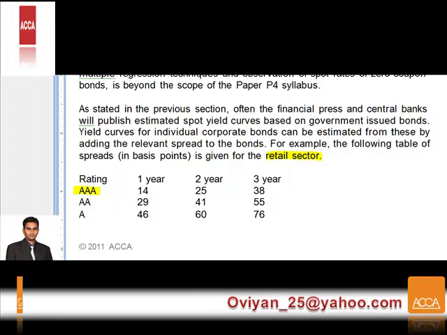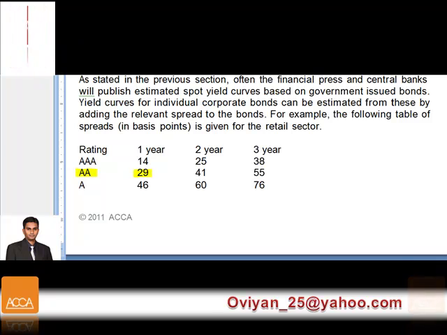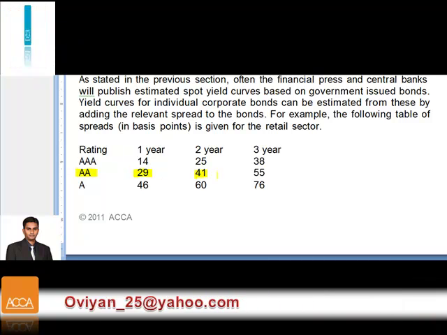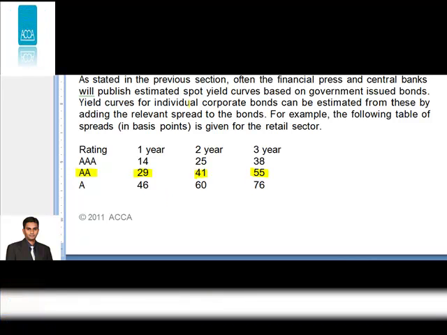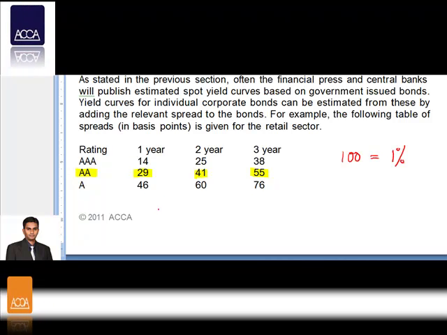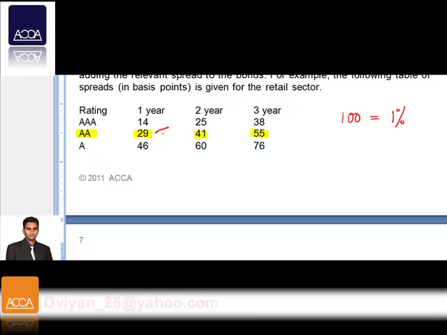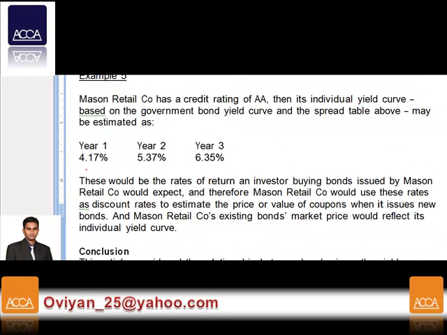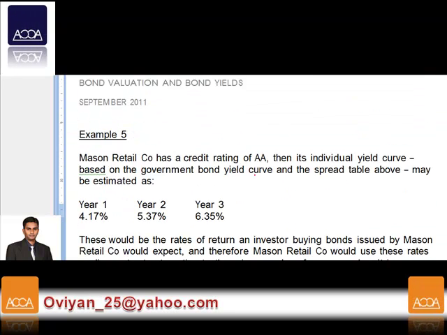So you have the AA credit sector, and this is going to be 29 basis points, 41 basis points, and 55 basis points. You must remember 100 basis points is equivalent to 1%. So this is going to be your spread.